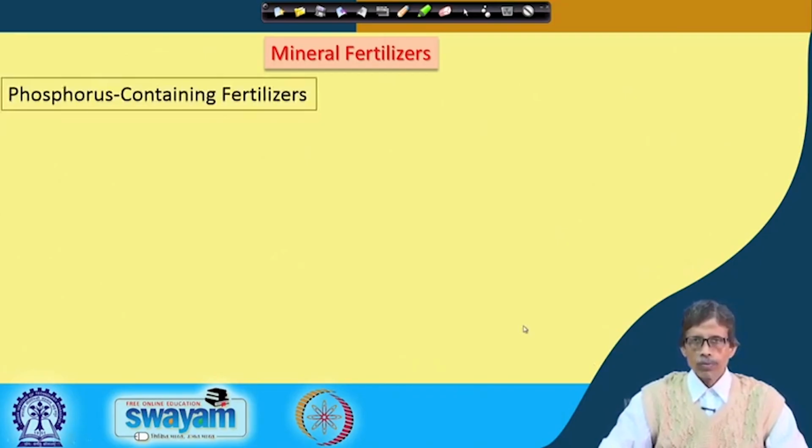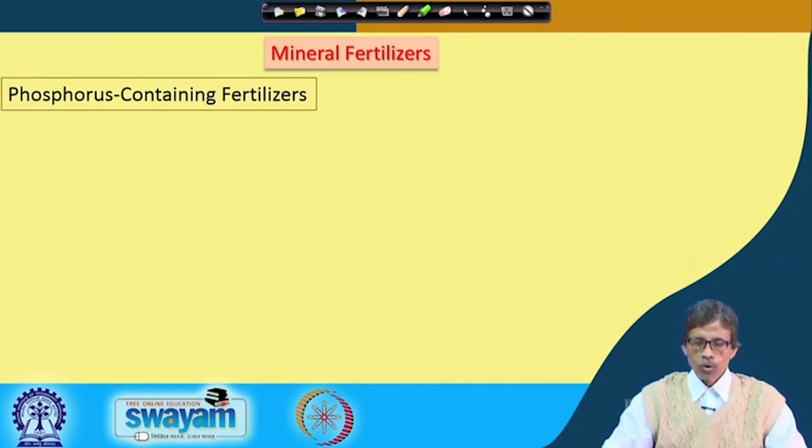So, we know that we have phosphorus, we have nitrogen and we have potassium as the corresponding elemental sources of these fertilizers, because sometimes we call it NPK fertilizer, or NPK material, which is utilized as the fertilizer.